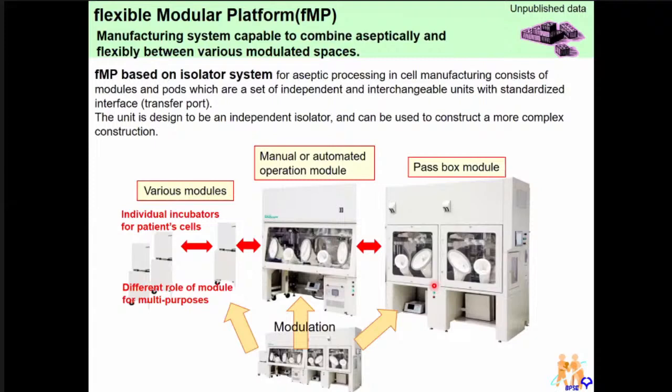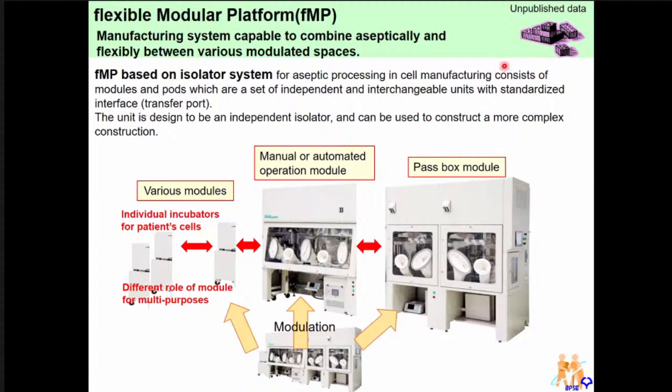So before starting the machinery system, we also propose a flexible modular platform. We separate the modules: the manual operation modules, various modules for the incubator or others, and the pass box module from the one system. And if we prepare a good interface between modules, the same interface, we can connect and disconnect easily.